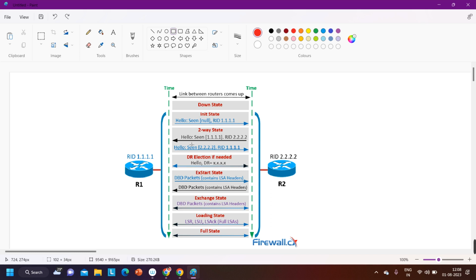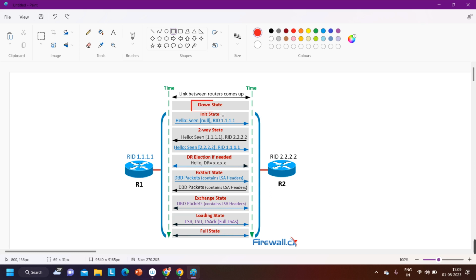In two-way state, the router is sending and receiving hello messages with their own router ID as well as their neighbor router ID. Am I right? Both routers are sending the hello message with their neighbor router ID and their own router ID as well. So the state will be two-way state.